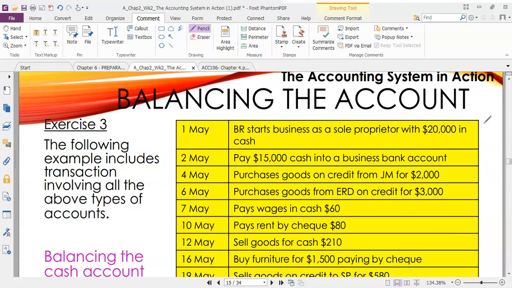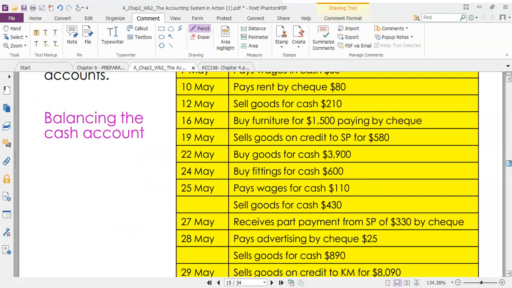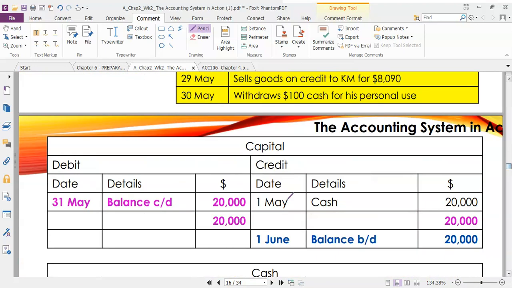Nanti awak keliru sebab hari ni baru belajar buat ledger. Buat ledger, double entry, ledger. So next class kita akan sambung untuk balancing the account. Nampak dia ada exercise sekali, macam mana cara bila kita dah buka ledger tu dan kita nak tutup. Nampak ada balance BD, balance CD, kita tutup and then transfer ke balance BD.